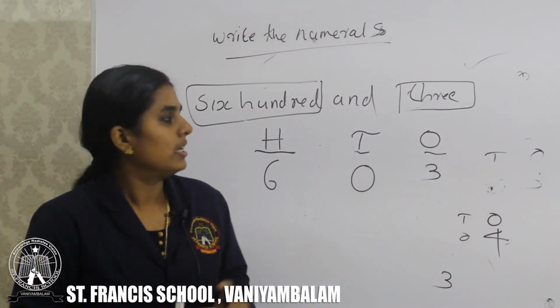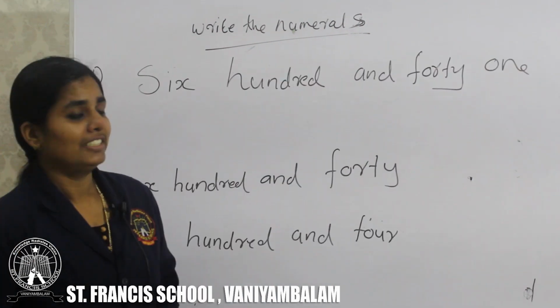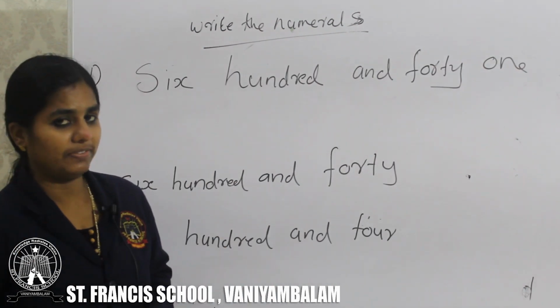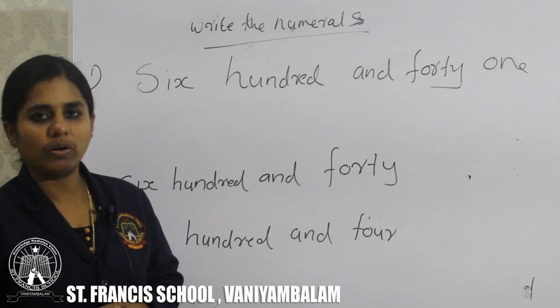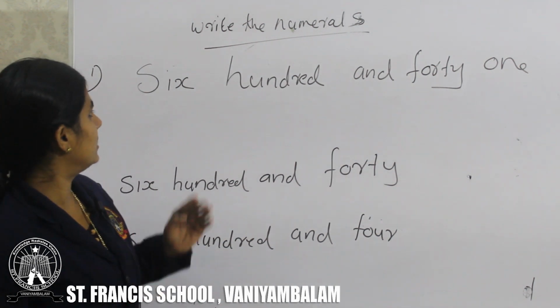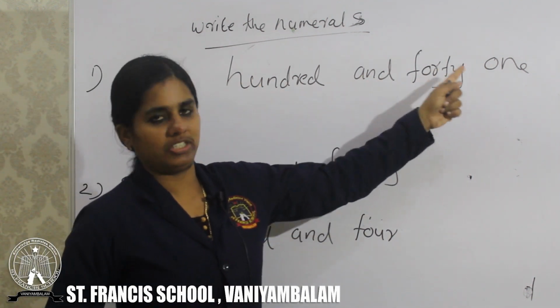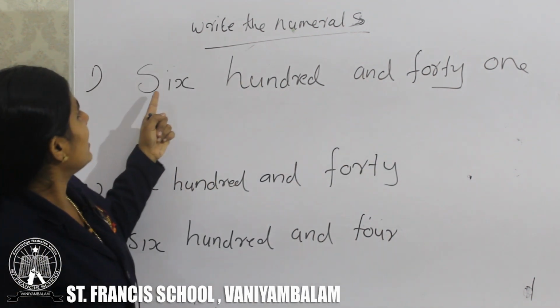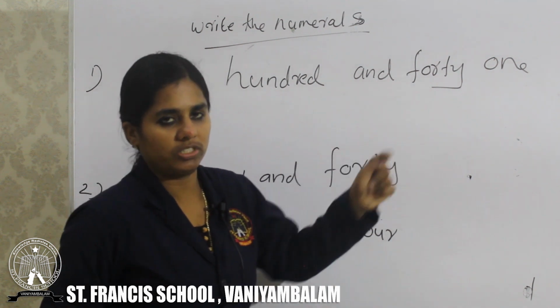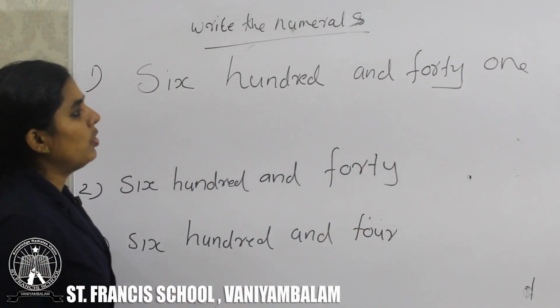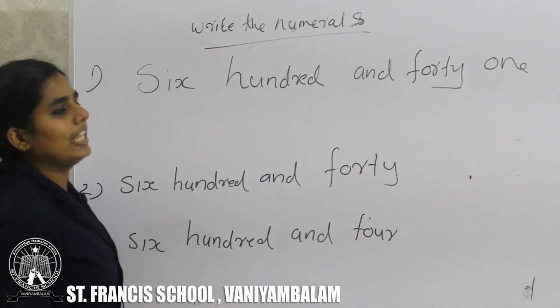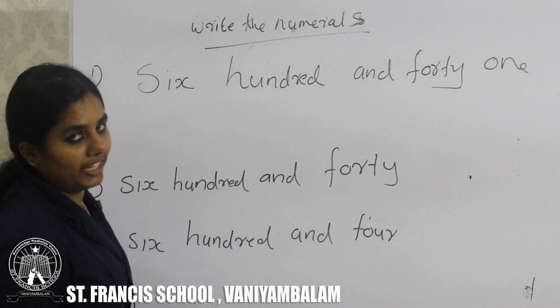Now we can see some exercise. Okay. Children, these are the questions I gave to you. Now we can see how to find these numerals. Listen here. First one, 641. First what we want to do? First we want to write the place value chart of a 3-digit number.